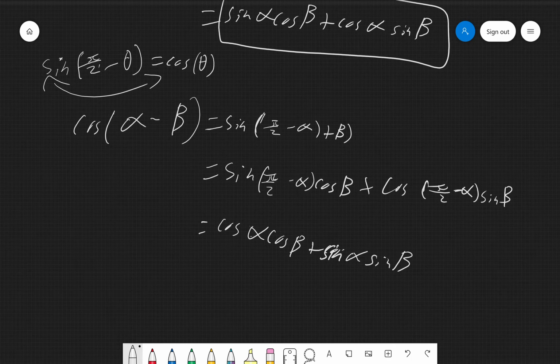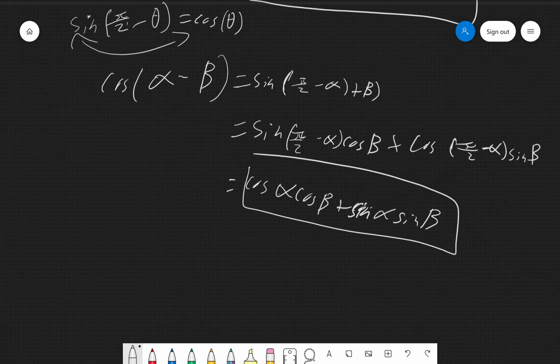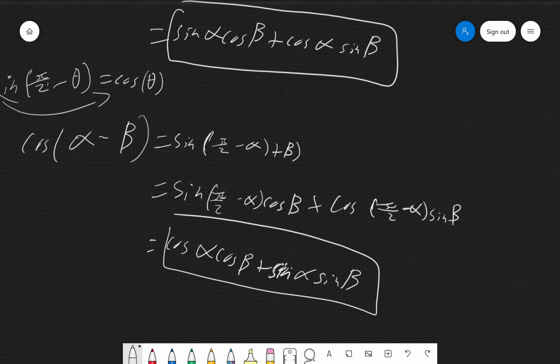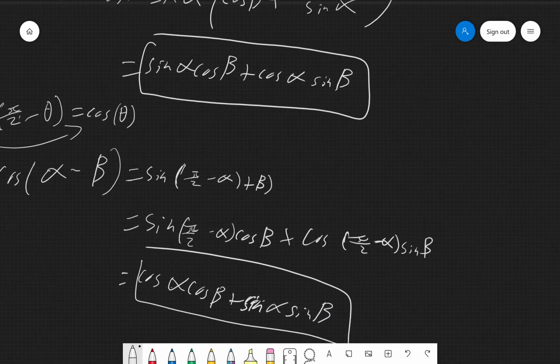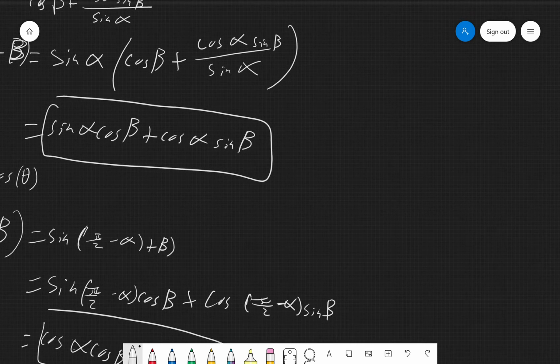So that's for cosine of alpha minus beta. We can set beta equal to negative beta instead.